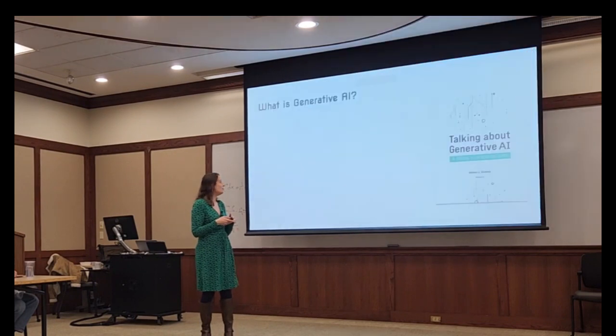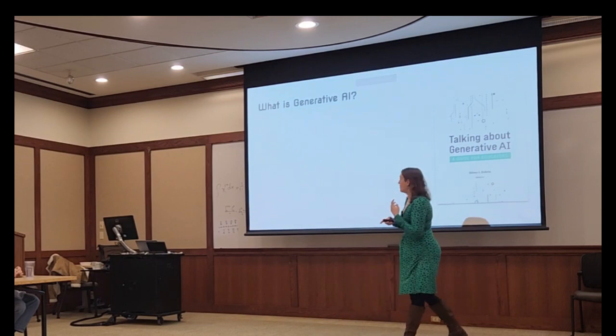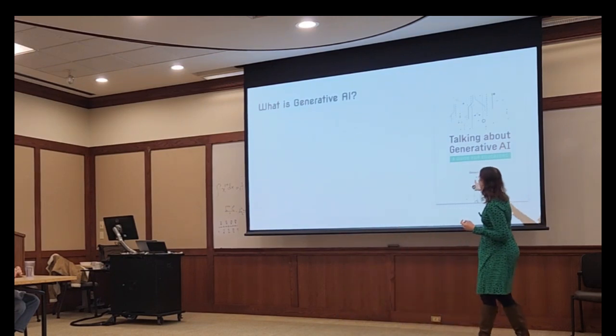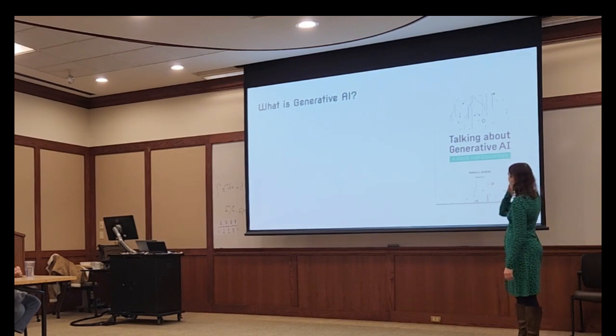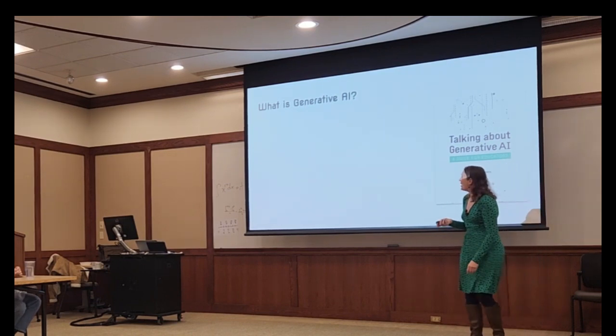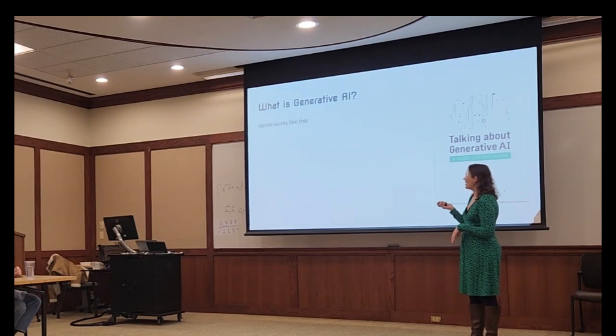So to begin, I just thought I'd put a generative AI definition on the screen. This comes from a book that I think is fairly helpful if you know absolutely nothing about this, called Talking About Generative AI. And it's a really basic definition. This is not a technical definition in any way. Gen AI works like this.